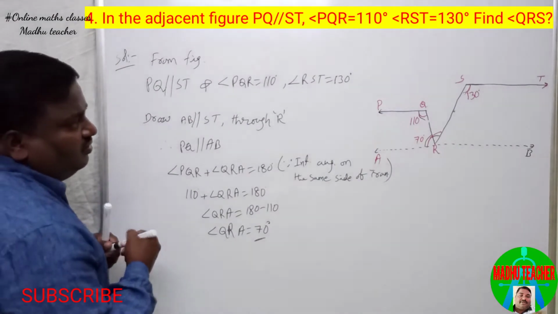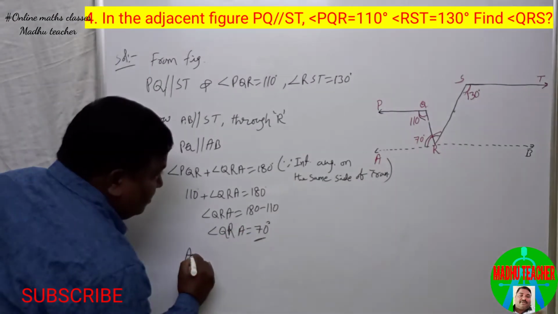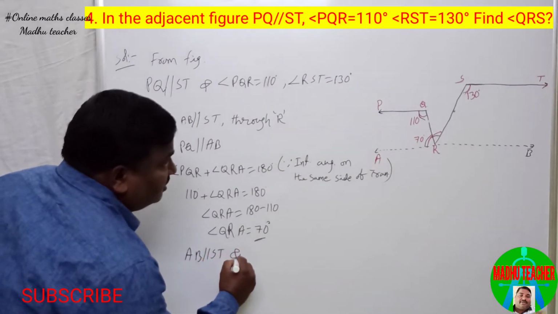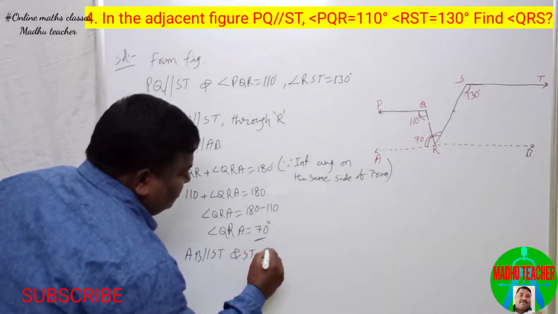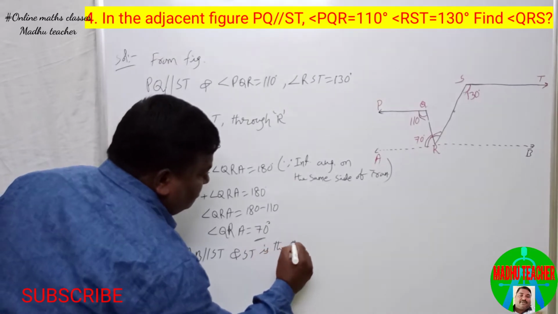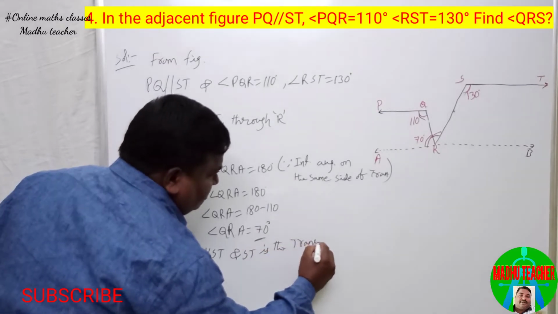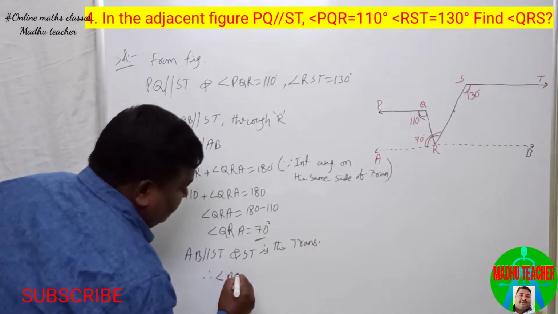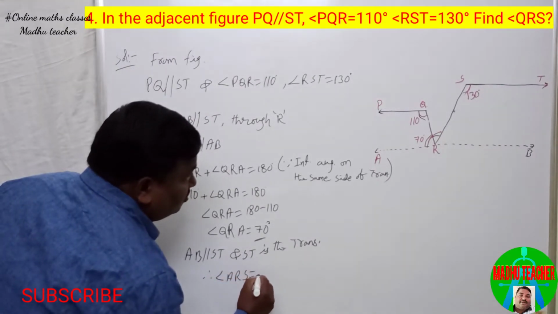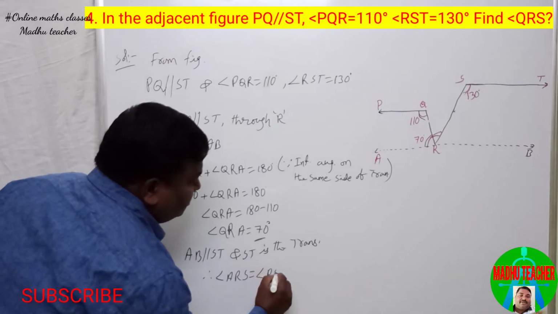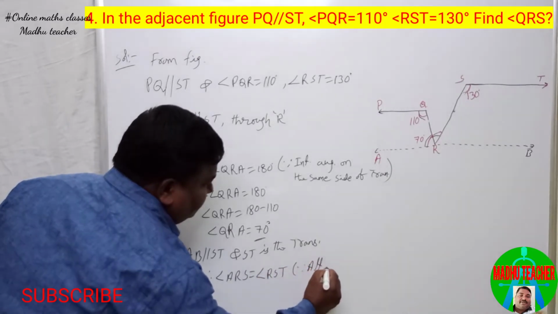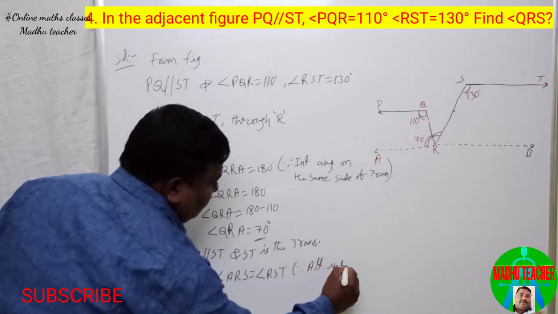So AB is parallel to ST and SR is the transversal. Therefore, angle ARS equals angle RST, since they are alternate interior angles.